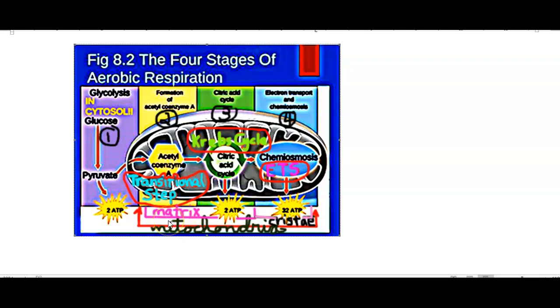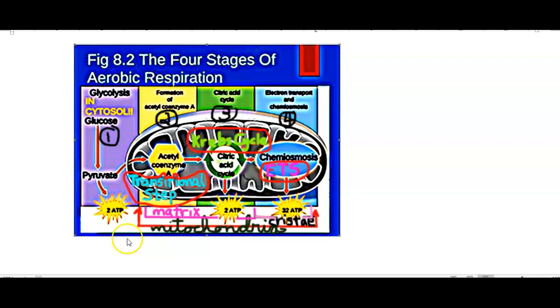Transition step does not make any ATPs. Krebs cycle makes 2 ATPs. And notice, as I said, the electron transport system makes most of the ATPs, and here there are 32 ATPs.